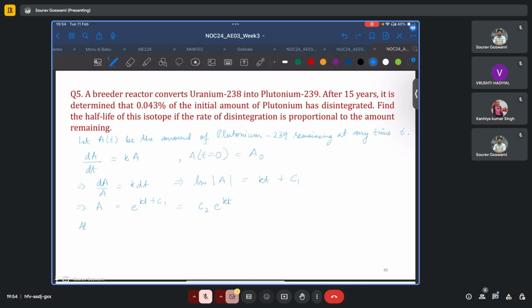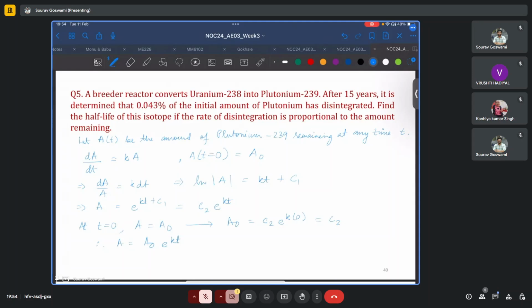Now, at time t equal to 0, we assume that A was equal to A naught, which will give A naught is equal to C2 e power k times 0, or C2. Therefore, A is equal to A naught times e power kt.